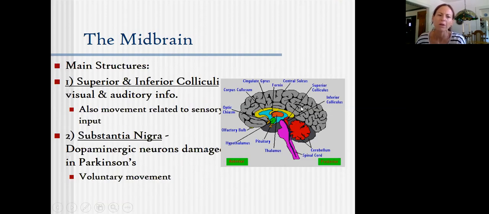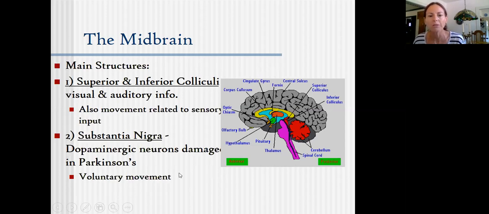And we'll see there's movement also involved in the midbrain area called the substantia nigra. So movement regarding visual information would be like seeing something and then orienting toward it. So turning your head toward it. Same with hearing something and turning your head toward it. So the superior and inferior colliculi are involved in that kind of thing.